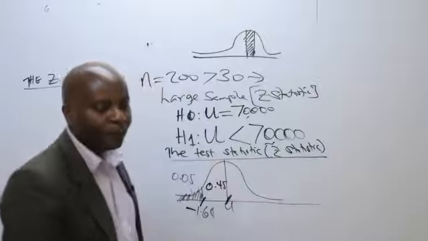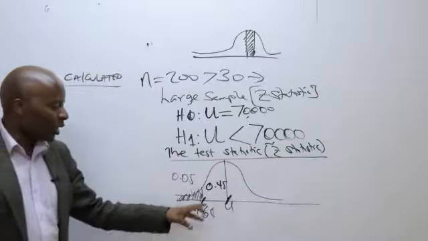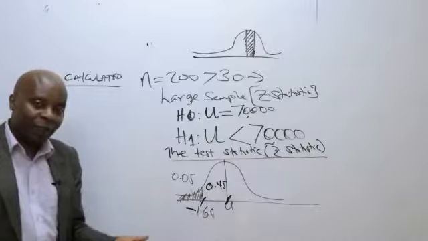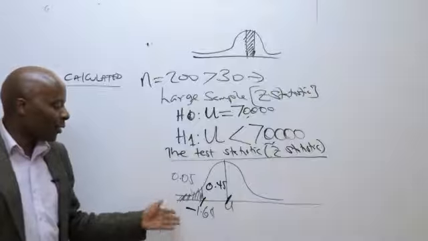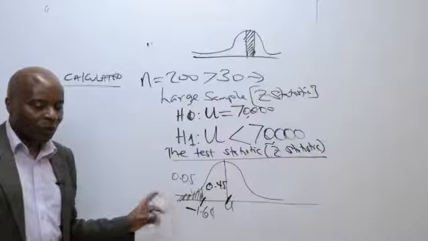Ladies and gentlemen, listen to me very well. If you go to your tables, the 0.45 corresponds to 1.64 or 1.65, one and the same. So 1.64, and because it's on the left-hand side, it's going to be negative. So negative 1.64 like that.